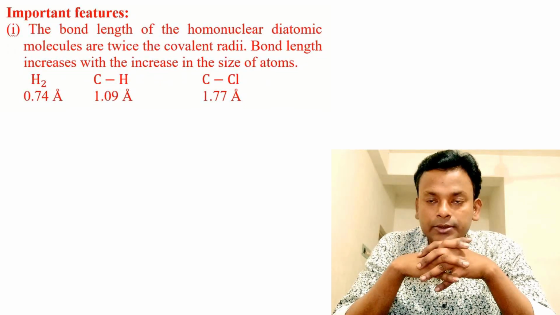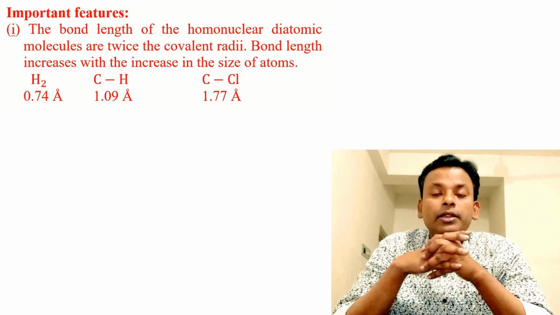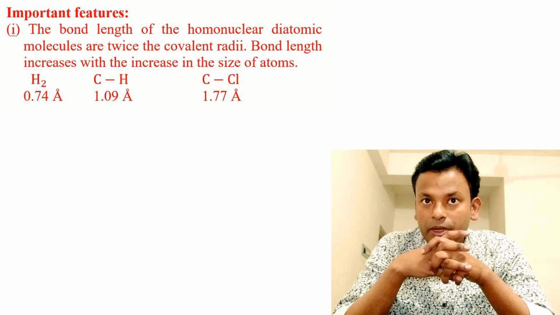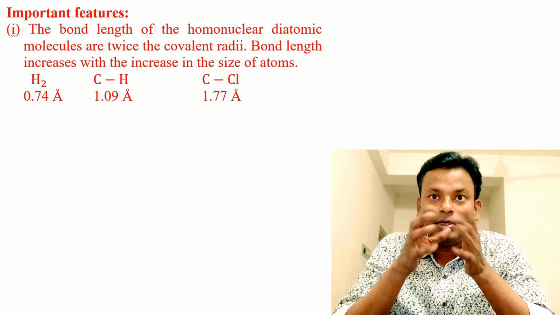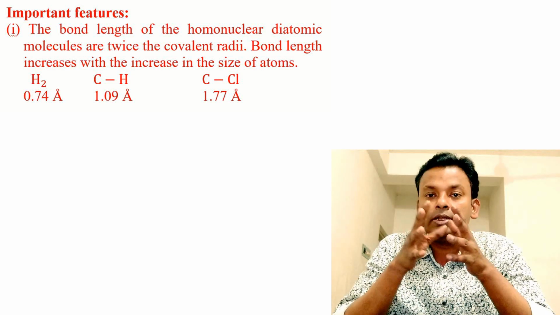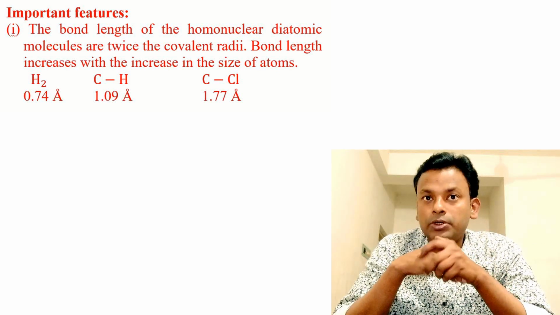Important features of bond length. First point, the bond length of homonuclear diatomic molecules is twice the covalent radius. Bond length increases with the increase of the size of atoms.